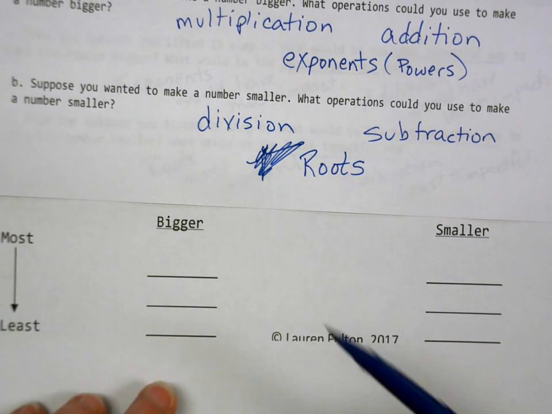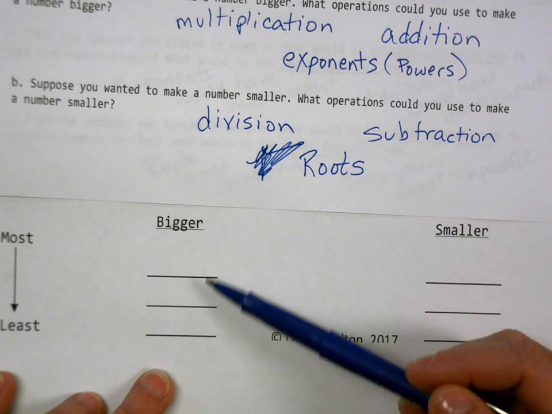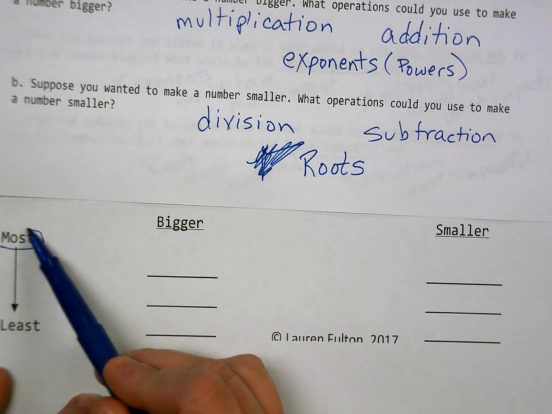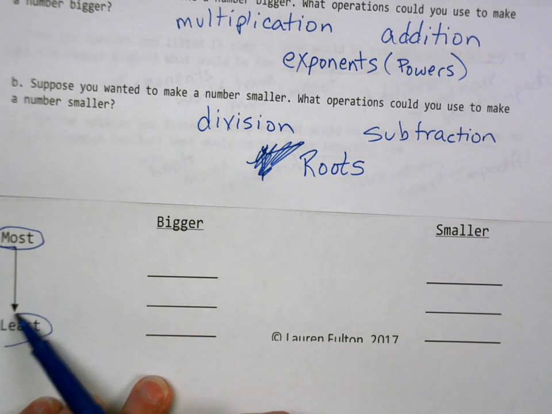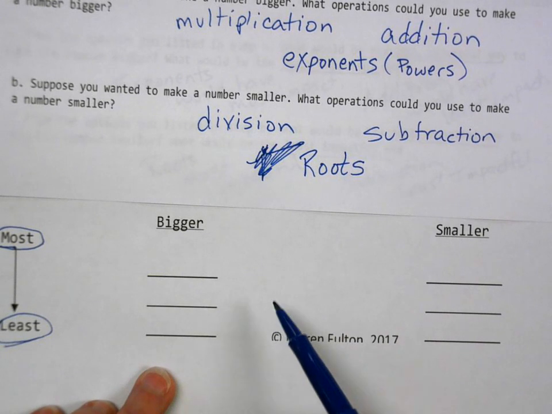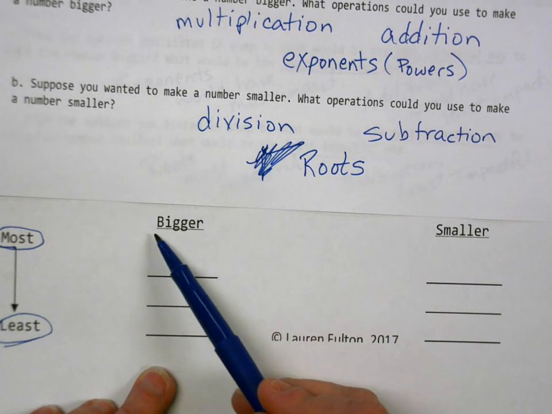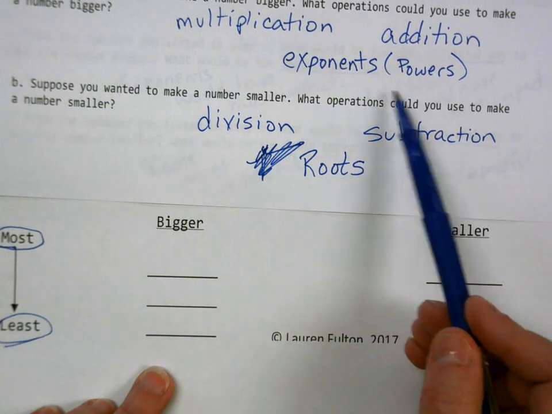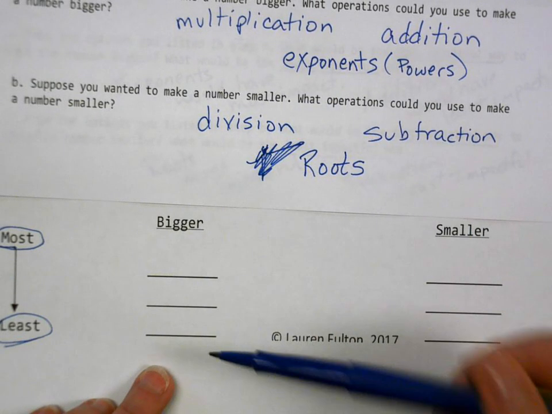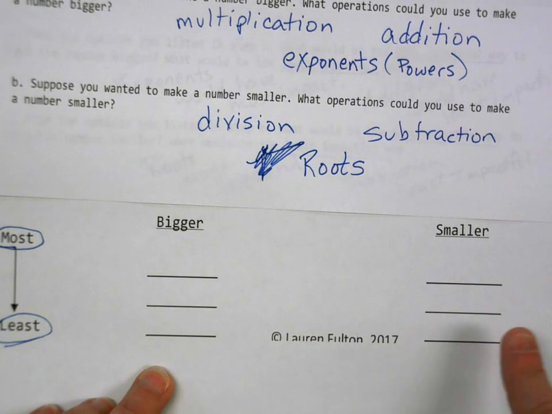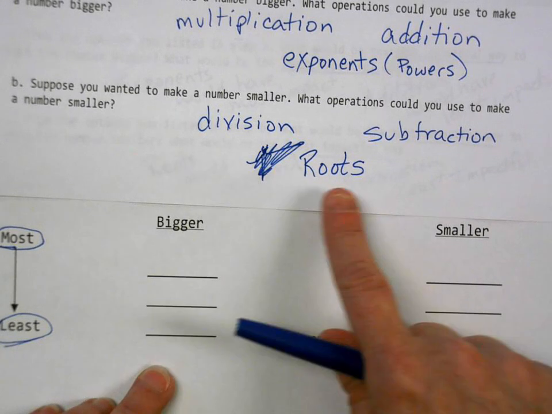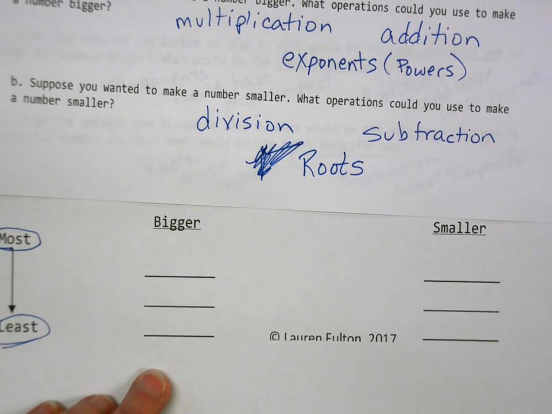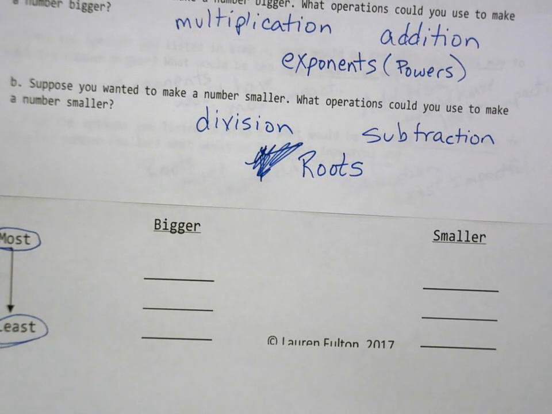It's asking you to put them on this ladder from most impactful at the top to least impactful at the bottom. If we're talking about the operations that make a number bigger, we're talking about these three again, right? So which order should they be put in? And the same thing over here with the smaller ones. These three, which order are you going to put them in?